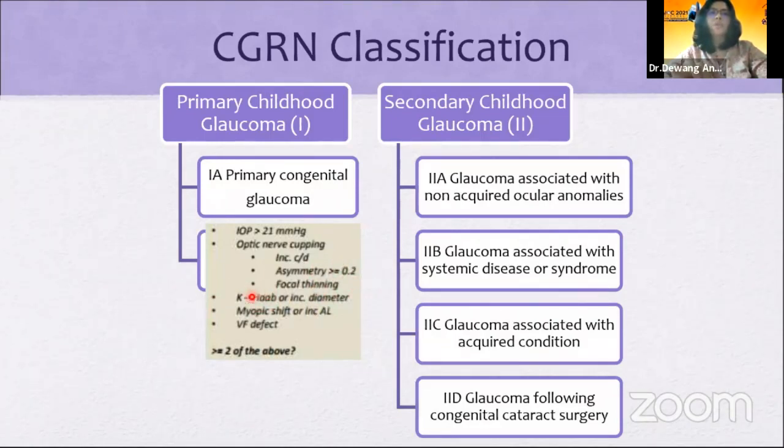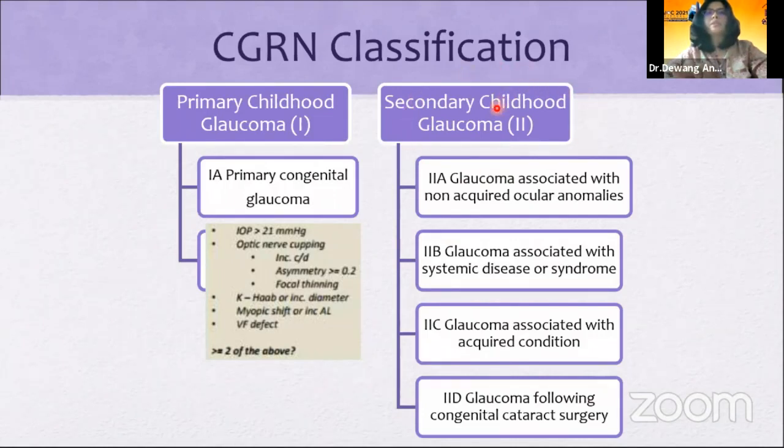In the cornea, there should be the presence of Haab's striae or an increase in corneal diameter, any increase in axial length or a myopic shift, or a visual field defect. The presence of at least 2 of these is suggestive of glaucoma according to the classification.